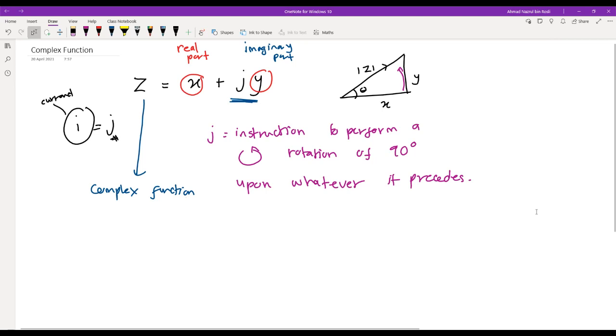Here, what happens in mathematics? We define j as the square root of minus 1. That is something unique about j, because when we deal with square roots, for example the square root of 4 gives 2, the square root of 2 gives 1 point something, so they have a value.